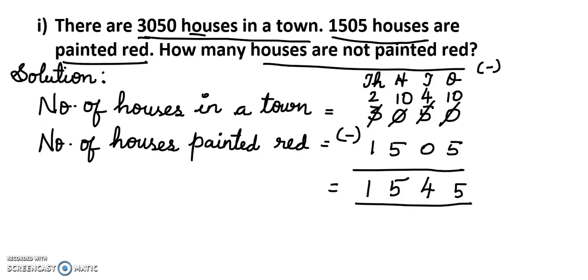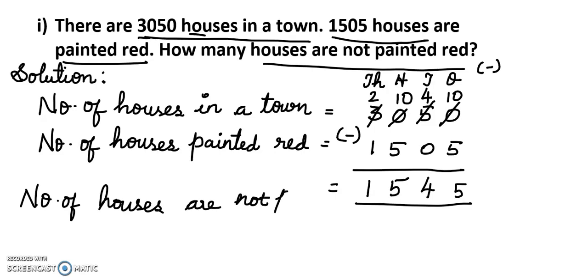So how many houses are not painted red? 1545 houses are not painted red. So you can write: number of houses not painted red equal to 1545.